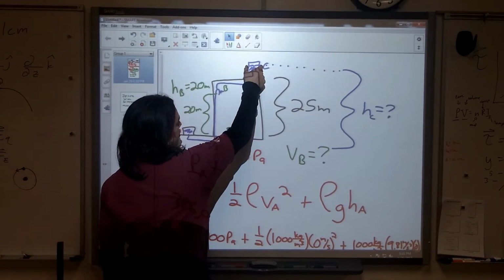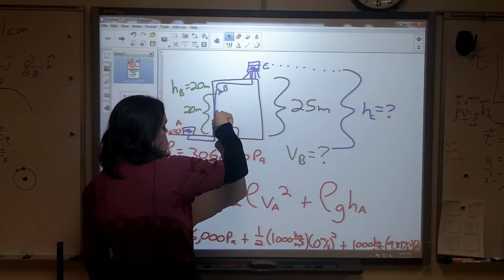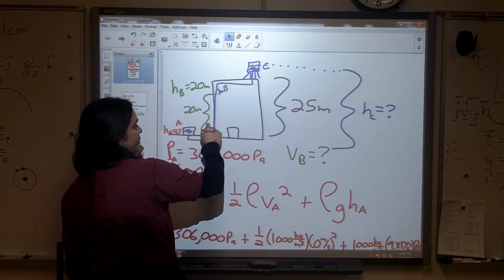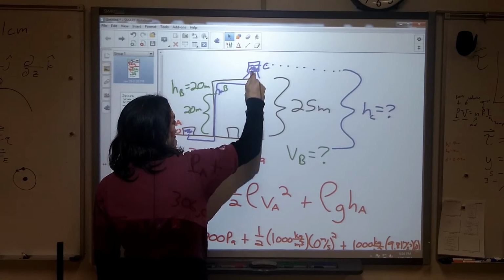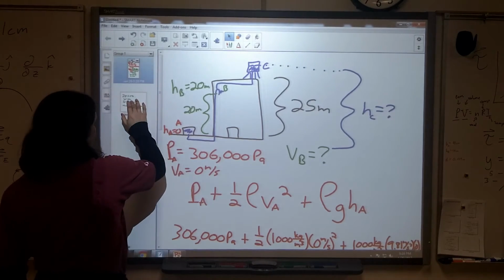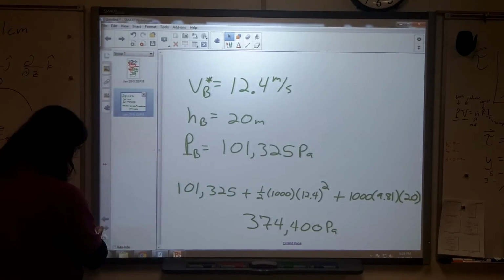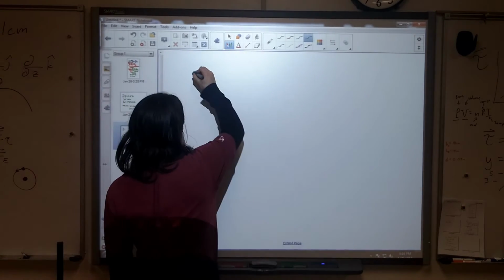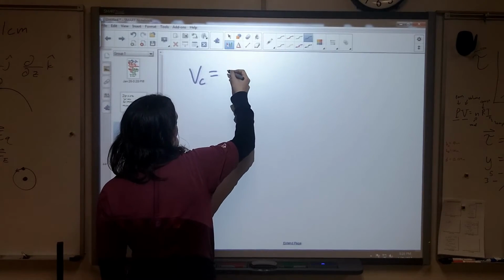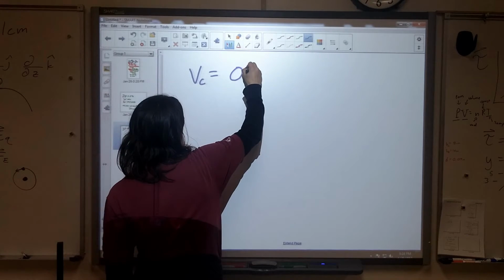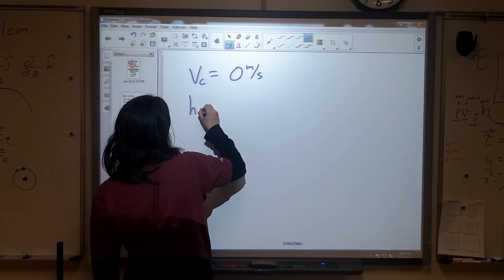So the water tower is going to be pretty big, so even when the faucet's going, like we saw before with the pump, the water level in here probably isn't going to move very much, which means my velocity at C, the fluid speed, is going to be 0 meters per second.